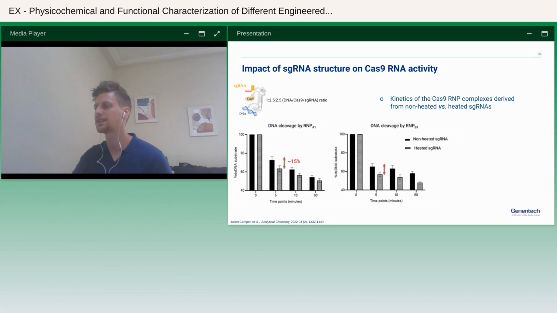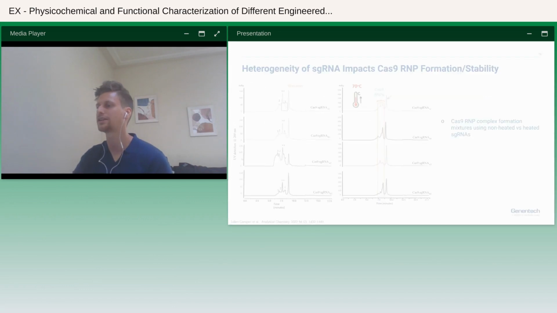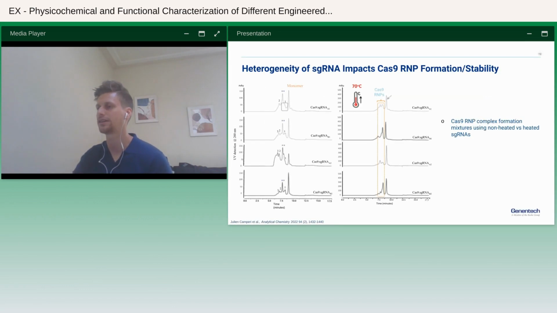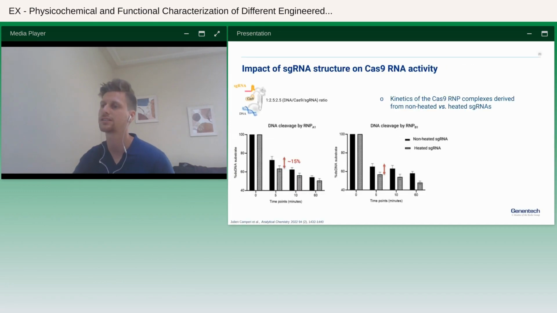So something that I want to show you now is what will be the difference in terms of cleavage activity if we use this complex without editing the guide RNA and when we edit the guide RNA. And you can see here that we did that for two different RNPs, RNP A1 and RNP B1.